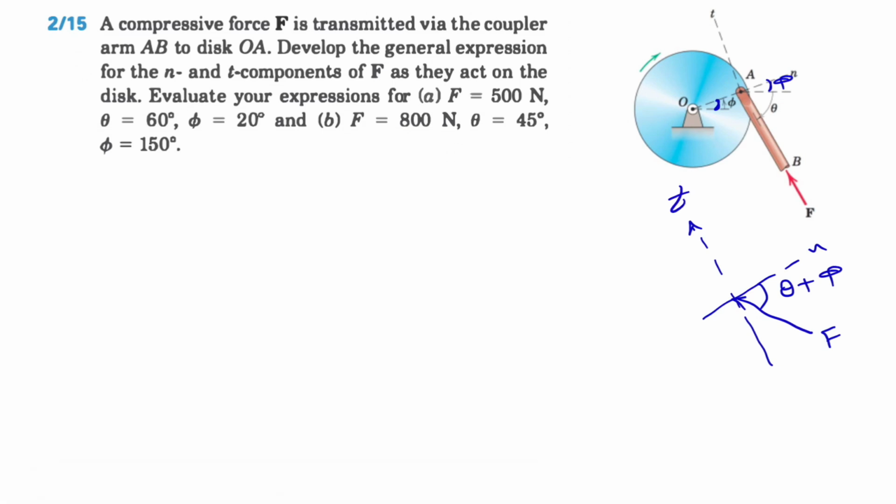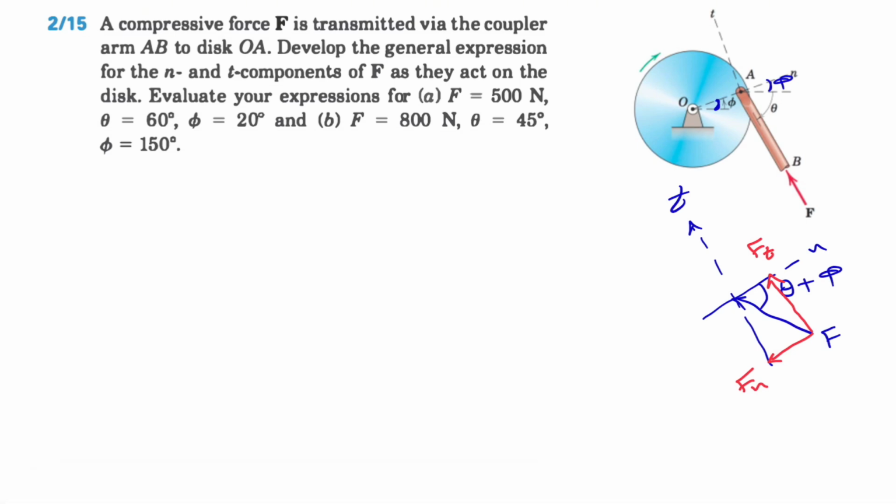And if we want to show the N and T components, this will be our Fn, which is in the opposite direction of n, so it will be negative, and this will be our Ft. So let's find our Ft and Fn based on the angle that we have, and after that we can just plug in the numbers for the different conditions into the answer.